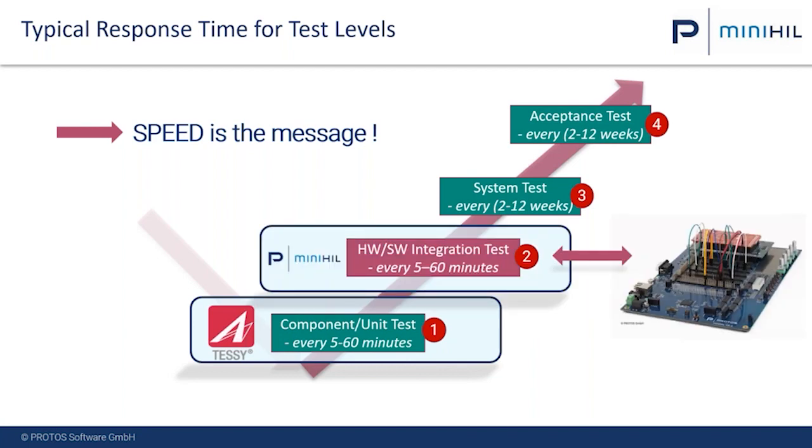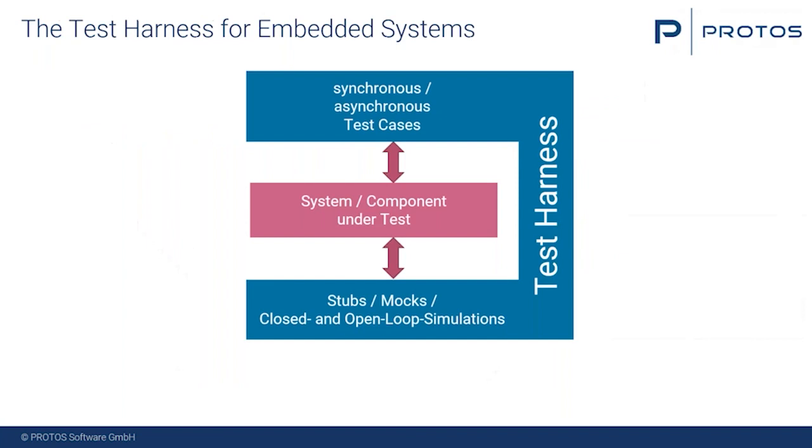Then with a mini HIL, this minimal hardware in the loop test, you also get a response within minutes. If you have longer running tests, make two stages. First commit stage, you get a response within minutes, and then later you get a response. Maybe you run the long running robustness test overnight or every couple of hours or over the weekend. So fast response is really crucial to speed up the development of quality software. It also helps a lot with quality if you are fast.